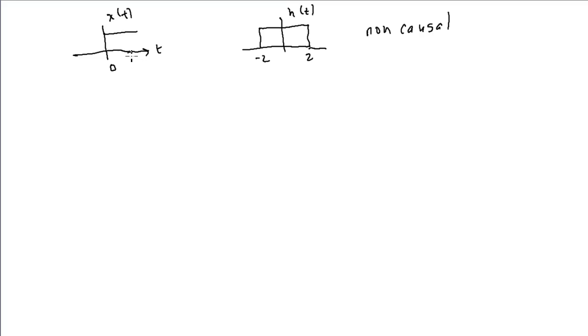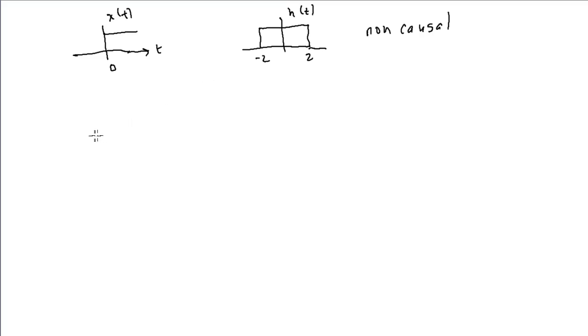In this case, this is a causal function, so it would be a causal system, and I could treat h of t as the input. In that case, h of t actually starts at -2, and then I would expect my output to start at -2, which it does, and we get exactly the same result if I convolve x of t with h of t as when I convolve h of t with x of t.